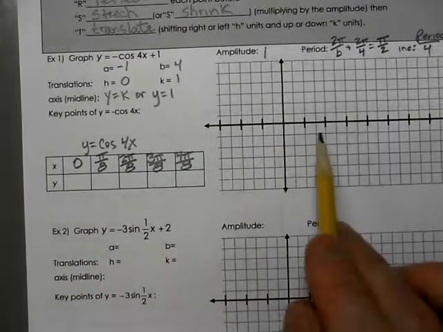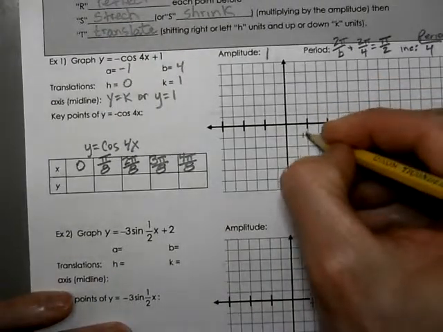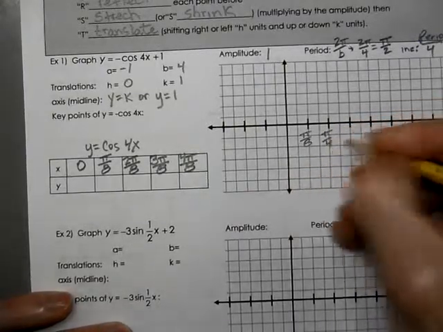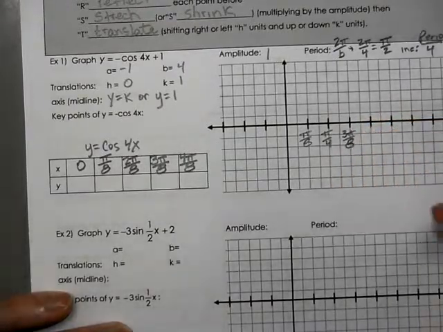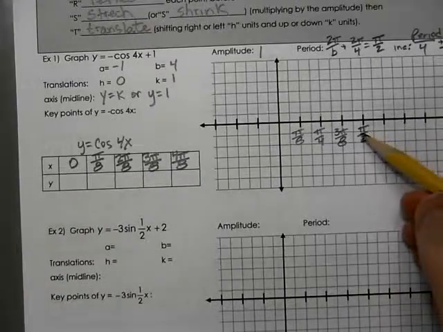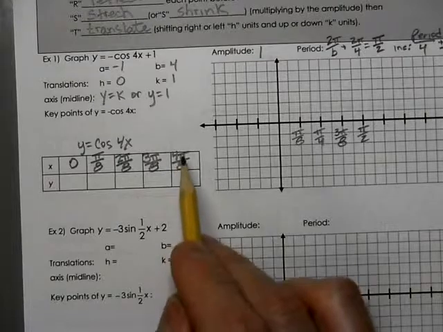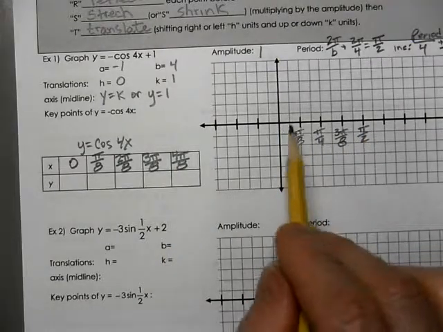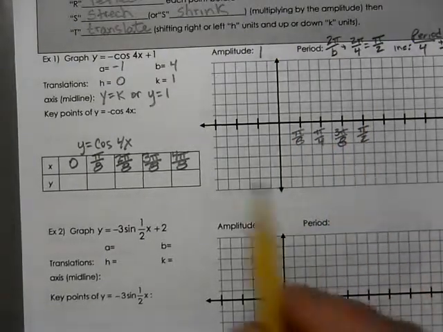Or you could wait to simplify them when you put them here on your graph. So pi over 8, pi over 4, 3 pi over 8, and then pi over 2. Notice how the last one is going to match what the period is. This simplifies to pi over 2, so the period is going to finish at pi over 2.